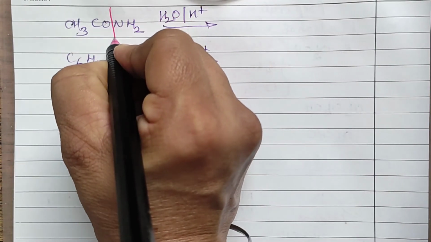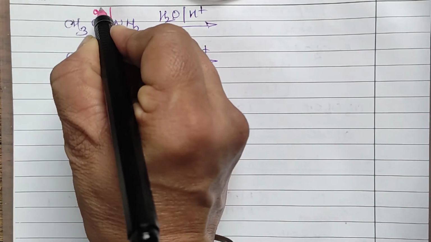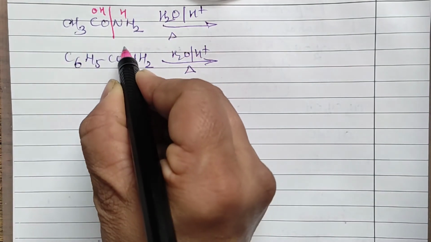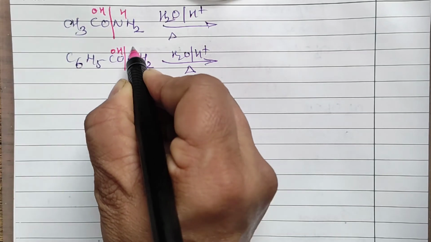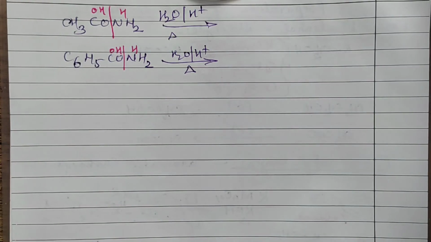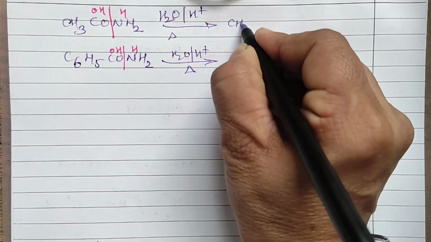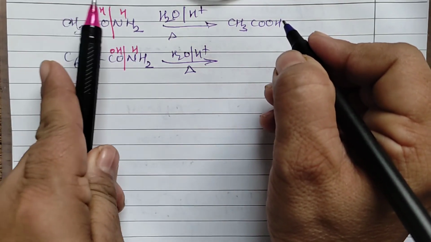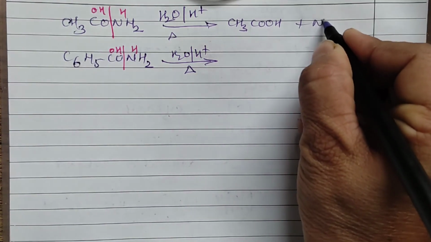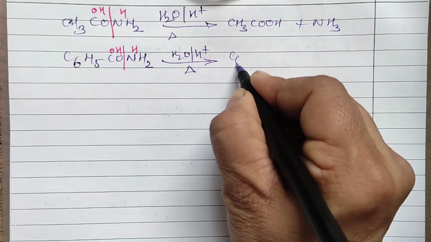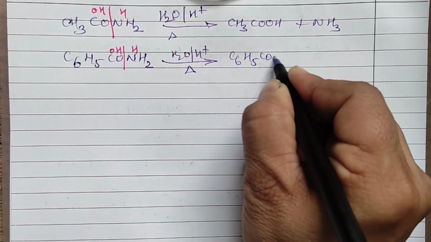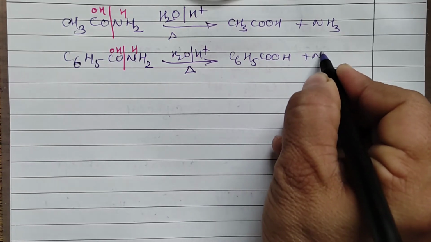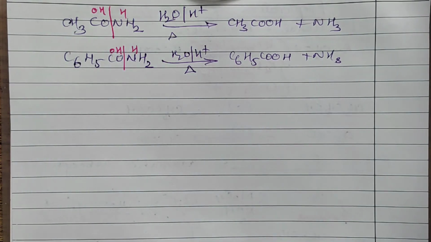You are just breaking the bond from here. You will add here OH, H here. Break it, OH and H. So what product you are getting? You are getting CH3COOH, plus NH3. Same way here, C6H5COOH plus NH3. That means I am getting benzoic acid.